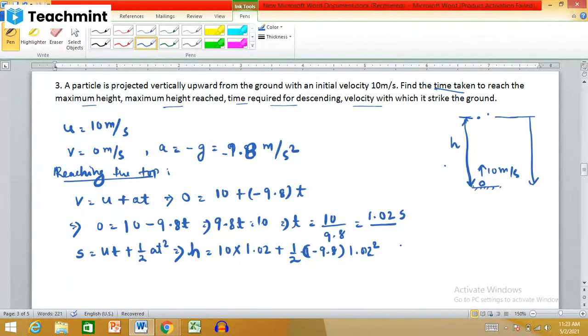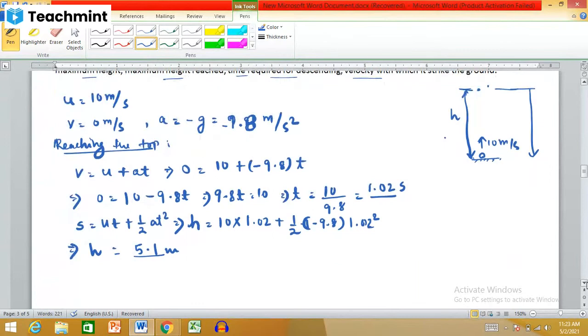From this you can easily calculate h, and that will be approximately 5.1 meter. So you do your own calculation, and after 5.1 meter it will reach the top.